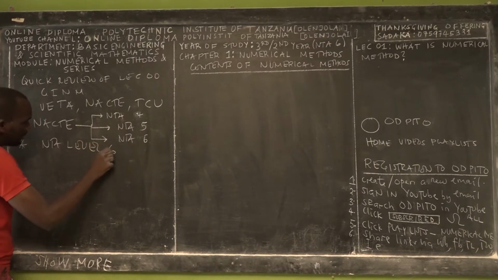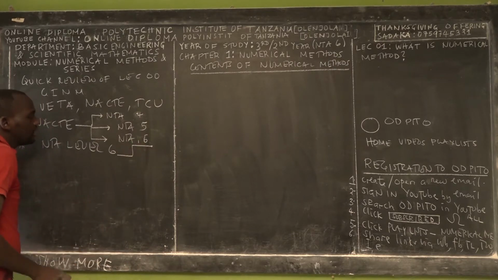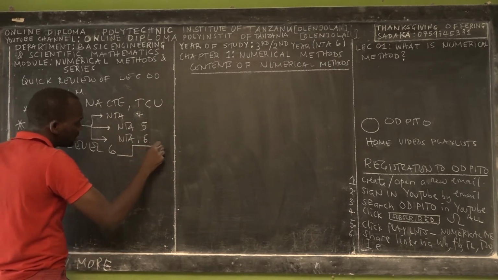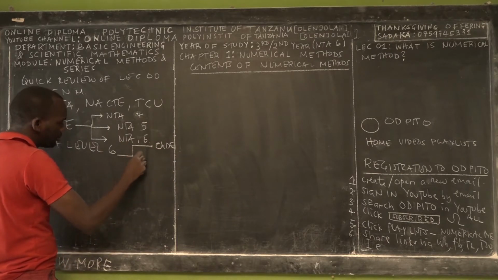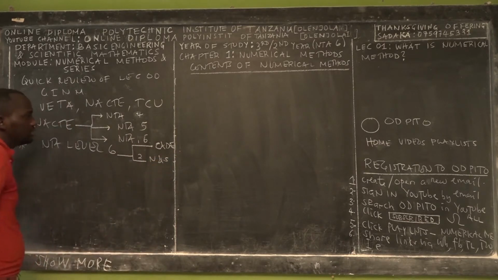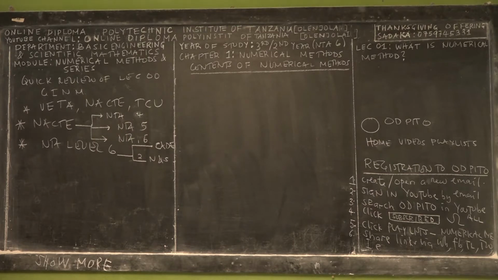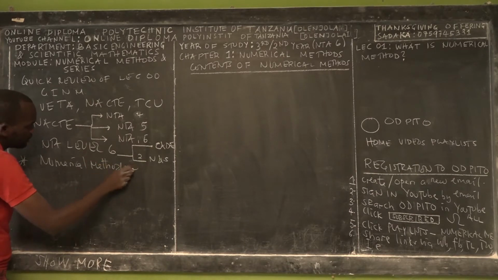If you remember, for NTA level 6 we have 2 semesters. In semester 1 we teach conics and differential equations. In semester 2 we teach numerical methods and series, according to the new syllabus of NACTE. In the module of numerical methods and series, we have only 2 topics.